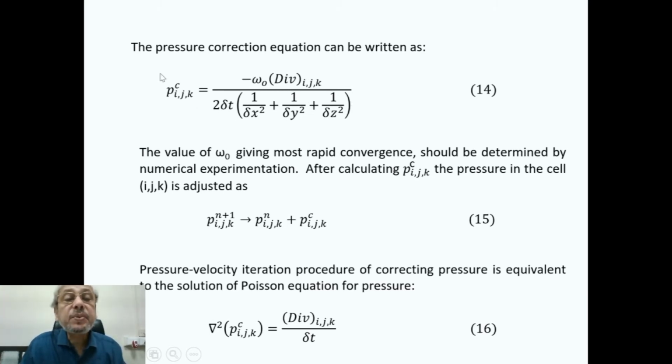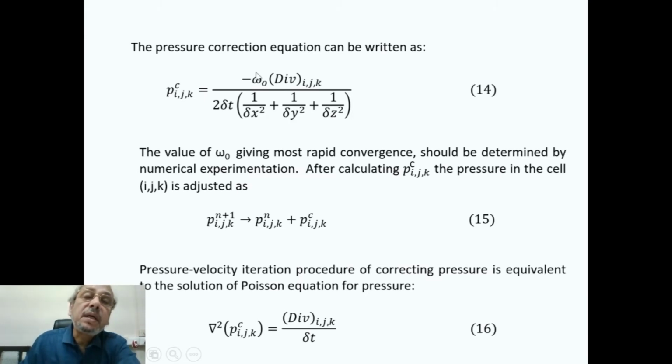And we are supposed to get the pressure correction through this, but we are accelerating it. We are using an over relaxation term. The value omega naught, the over relaxation factor, giving most rapid convergence, should be determined through numerical experiments.